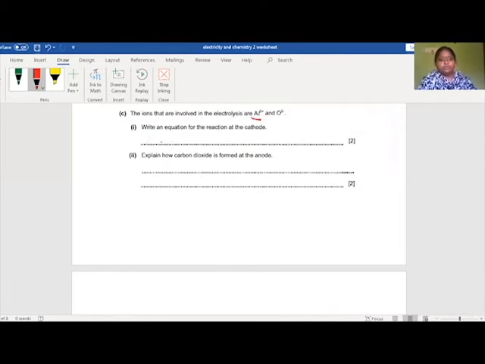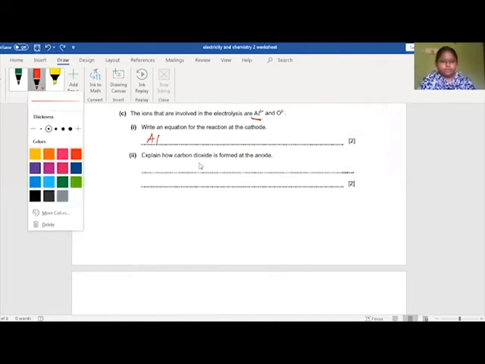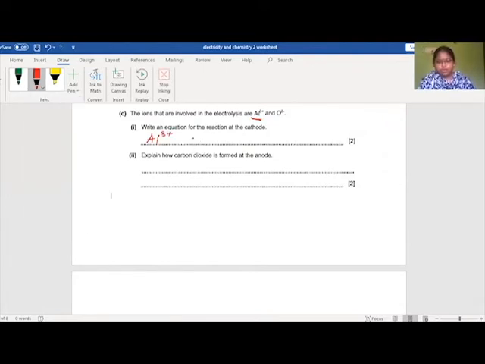So Al3+, which has to come on top, right? Yeah, by mistake. Al3+ gains 3 electrons to become Al. Am I right?